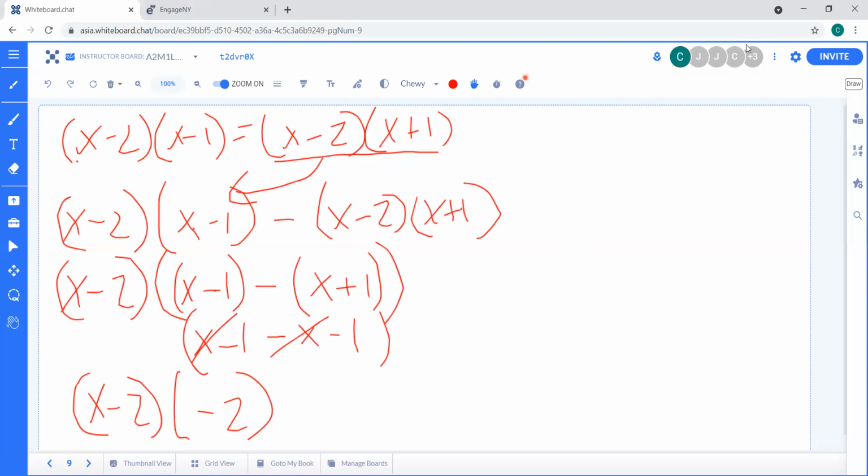So what we have here, let's just think about it. If we can get this factor to be 0, the whole thing will be 0. So let's just set that equal to 0. x is equal to 2.